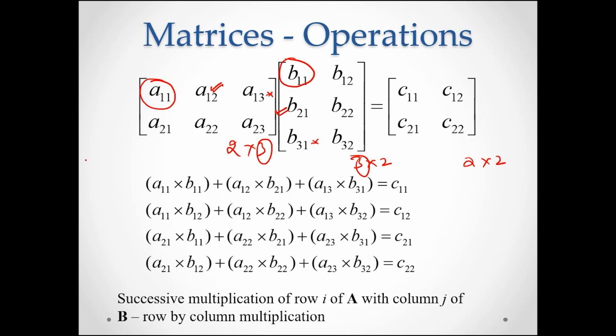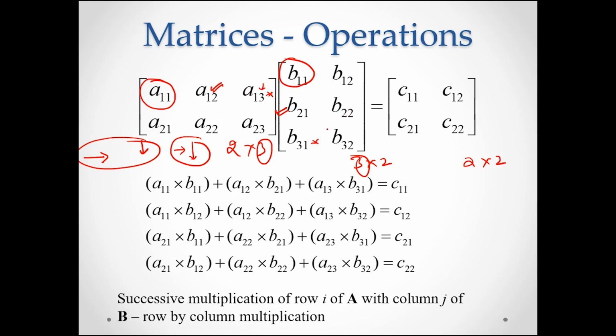So what we are going to do is start with the first row of the first matrix and cover the first column of the second matrix. Once all the entries of the first column are done, we switch to the next one. Okay. So this is the pattern that we are going to follow. So we are done with B11. Now we are going to go for B12. So we will have A11 with B12, A12 with B22, A13 with B32.